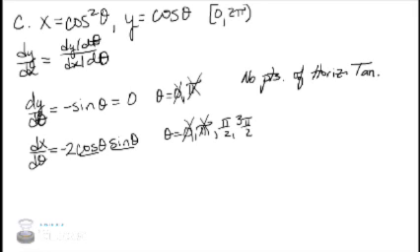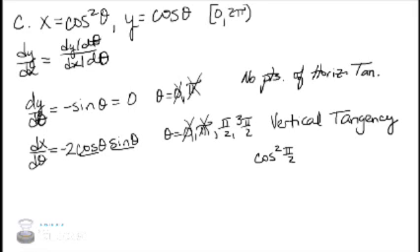Okay, but we do have a couple of places where the denominator of the derivative is 0, but the numerator is not. In that case, we're going to have vertical tangency, and that happens at pi over 2 and 3 pi over 2. So let's see what points those are. For our x-coordinate, we need to plug into cosine squared, so we have cosine squared of pi over 2.